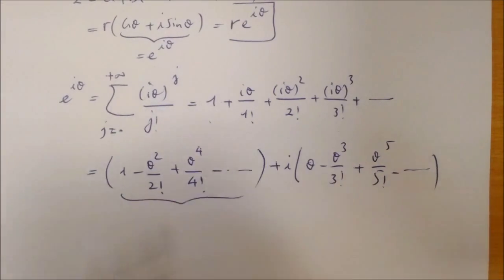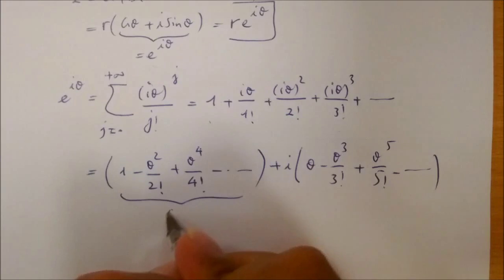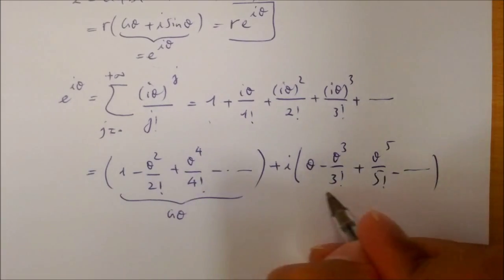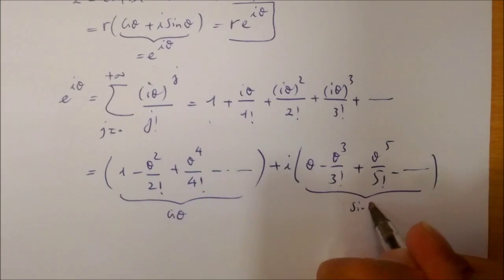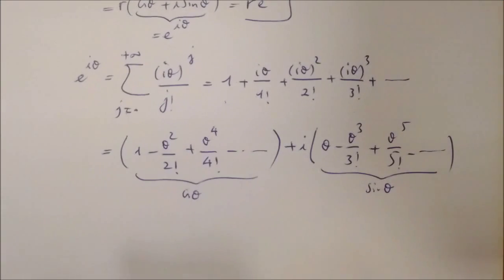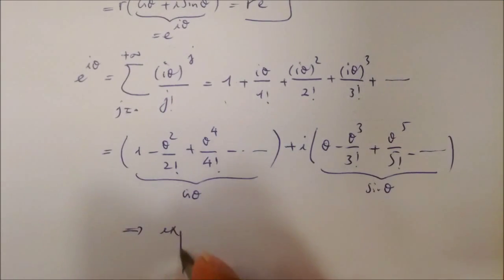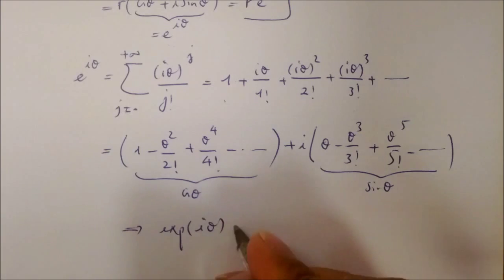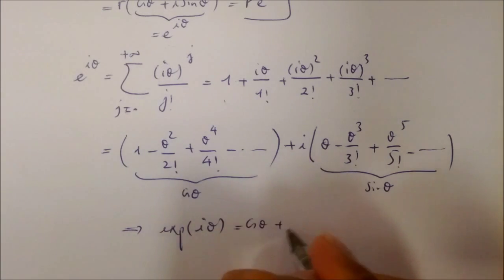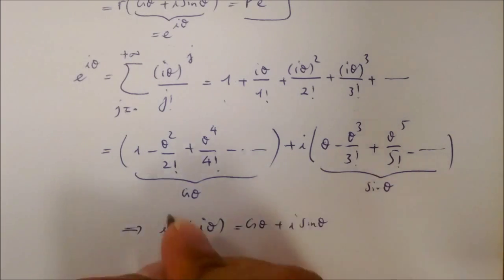This will be cosine theta. This is simply sine of theta. And finally I have exponential of i theta is equal to cosine theta plus i sine theta.